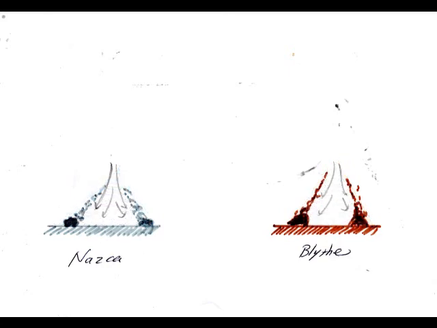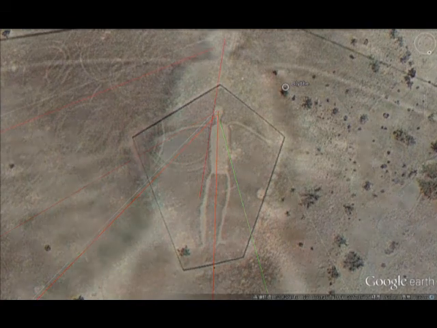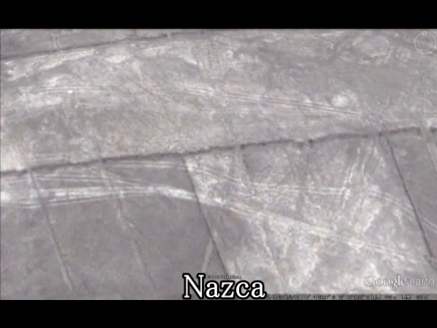They are drawn in the same way on the hard field with small rocks and stones or sometimes pebbles. Blythe Intaglios. Why could they draw the line pictures in the same way in Nazca as well as in Blythe Intaglios, USA? This is another evidence that the line pictures in Nazca were drawn not by humans.